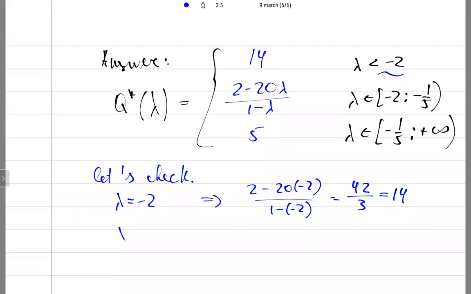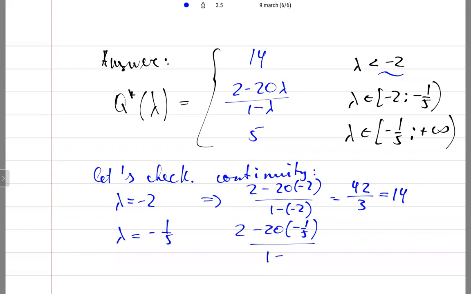Yeah, that's great. And let's check continuity. If lambda is -1/5, then 2 minus 20 times minus 1/5, divided by 1 minus 1/5.